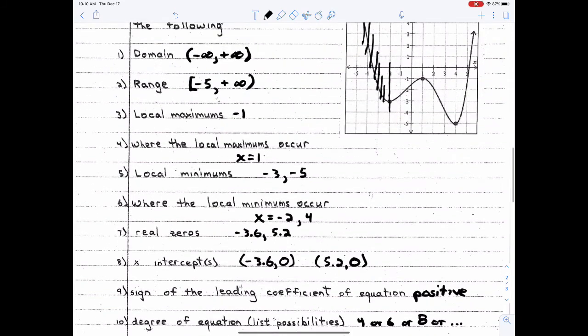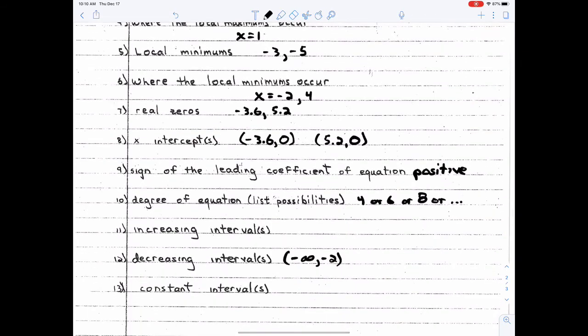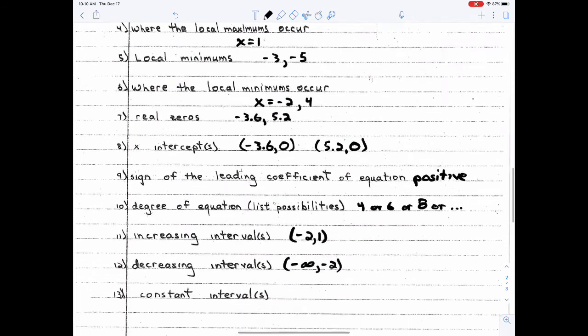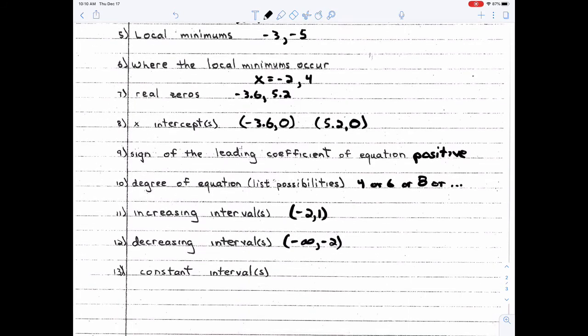From -2, what starts happening? It starts increasing to 1. So from -2 to 1, it's increasing. And then from 1, it starts decreasing, and it goes to 4. So from 1 to 4, it's decreasing.